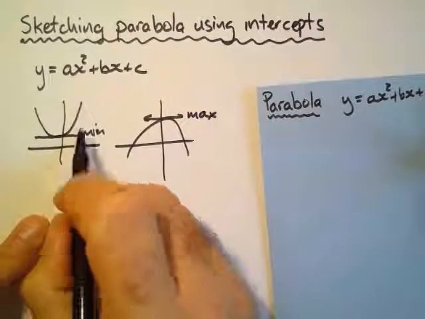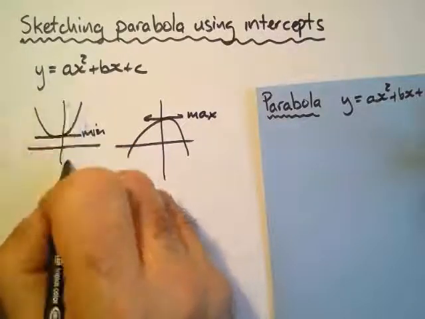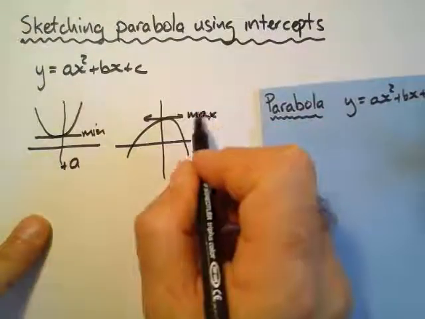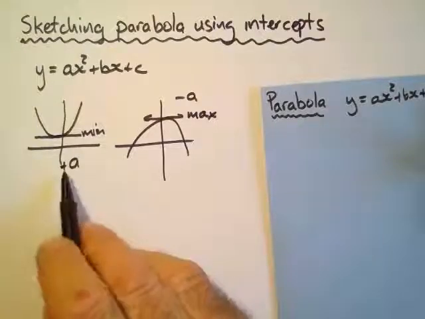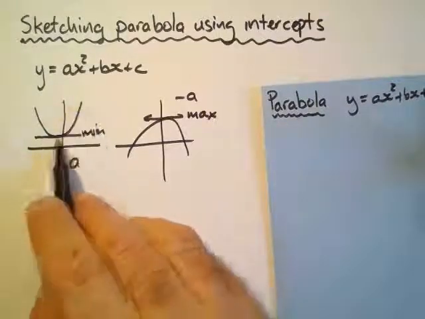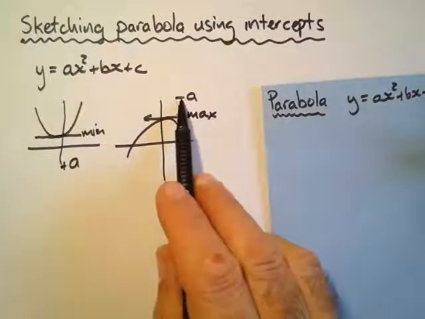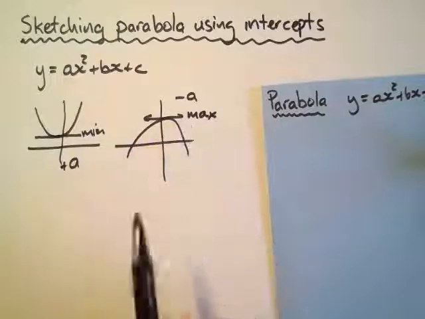With that minimum smiley face, that's the form of ax squared, so this is when a is positive, and if a is negative, we have an upside down. How I remember it is, if you're positive, you're smiling and you have minimum problems. If you are negative, then you are frowning and you usually have maximum problems.